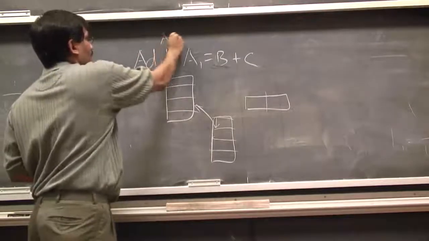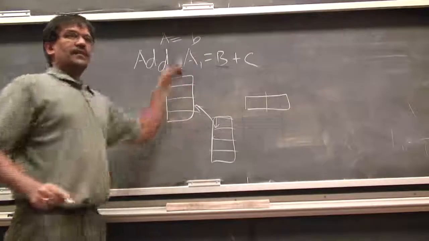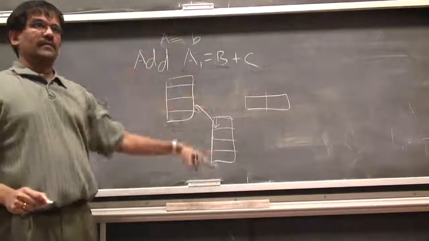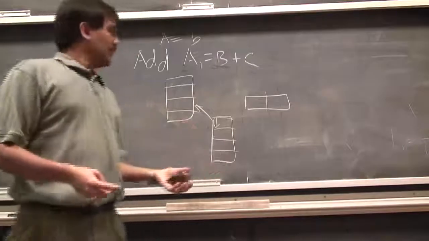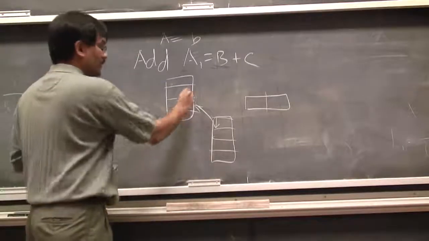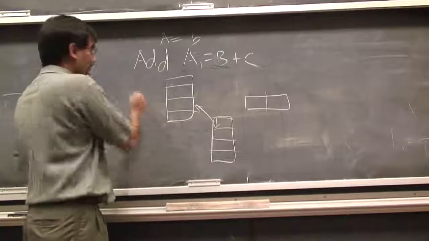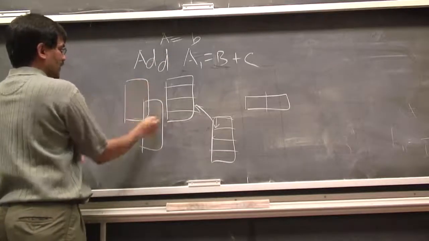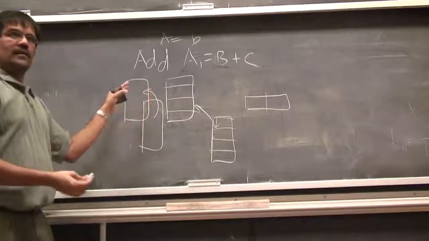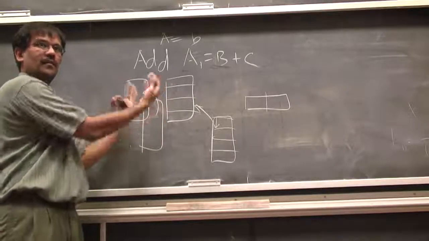So if you say A equals B, this probably won't be as hard as something of this nature. And real machines like the VAX used to have it even more complicated, where these could be overlapping, right? So you can copy this into here, where things are overlapping.